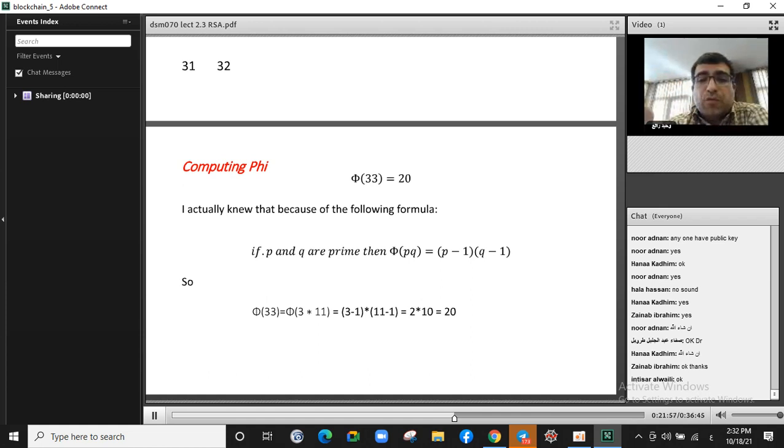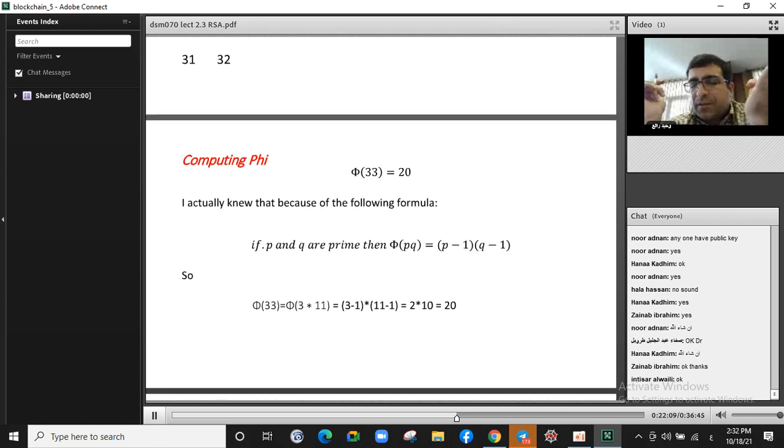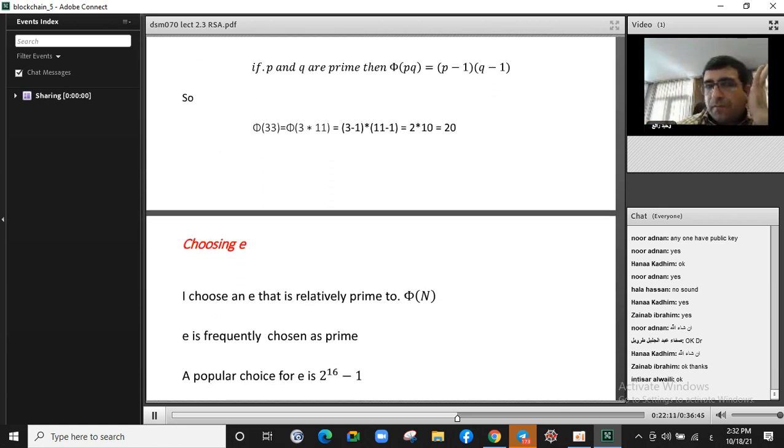Okay, so totient of 33 is 20. So we have P, which is 3. We have Q, which is 11 in this case. We have N, which is 33, and now we have a totient of 33, which is 20.